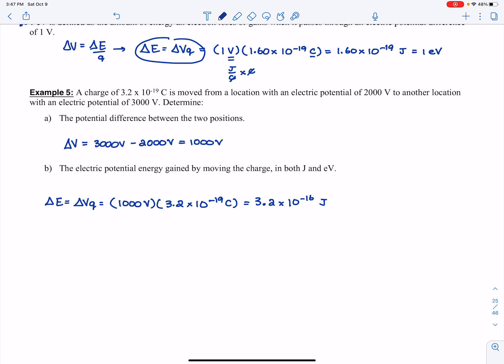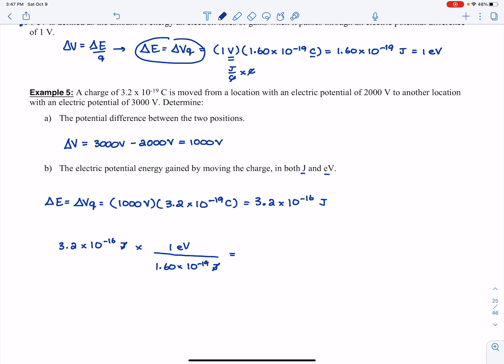Now, we have to convert that to electron volts because the question asks us to give this energy in terms of both units. So we're going to just write down that number again. So 3.2 times 10 to the negative 16 joules. And we'll do our conversion. So in every 1 electron volt, there's 1.60 times 10 to the negative 19 joules. So joules now cancels out.